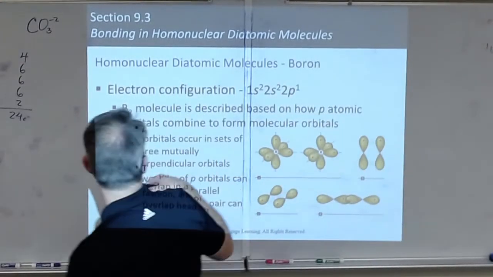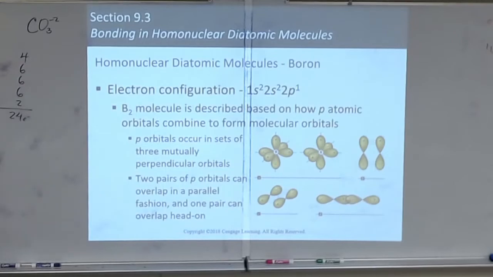Here's our boron. Boron is described with some p orbitals. They occur in these sets of 3 mutually perpendicular orbitals. 2 pairs of p orbitals can overlap. Yes, boron is weird. Notice what it is missing?